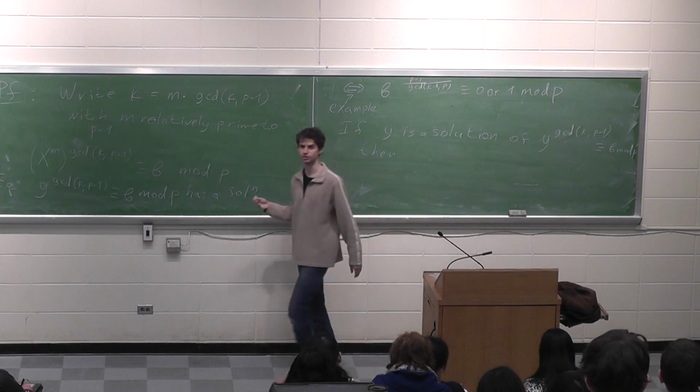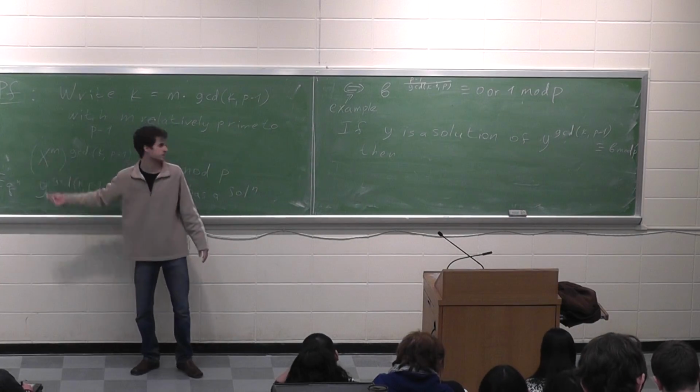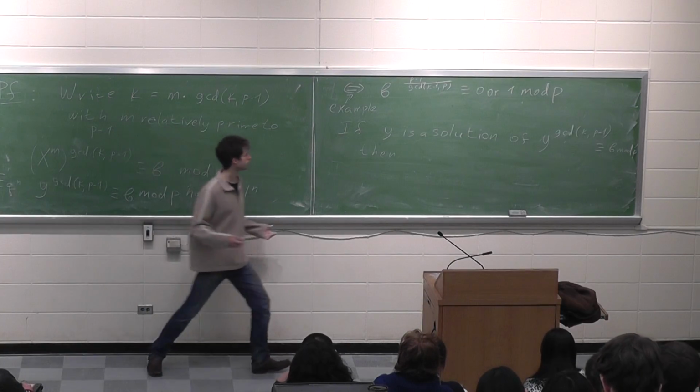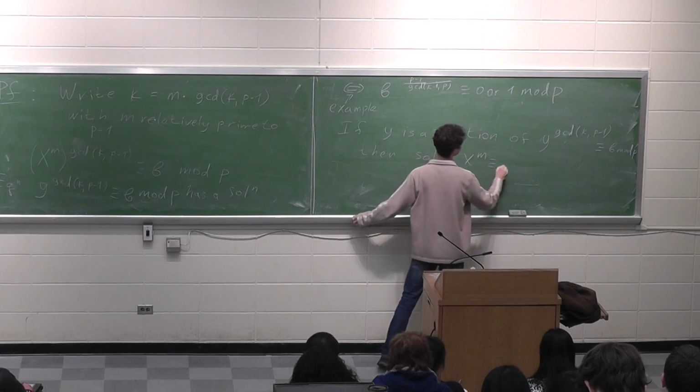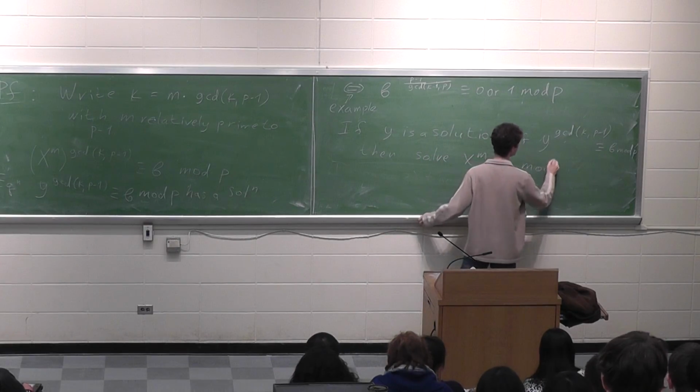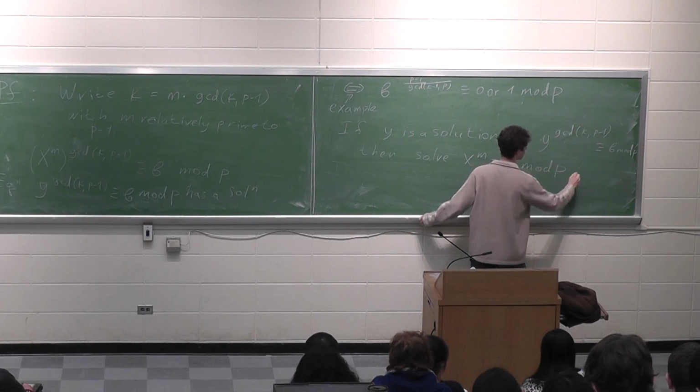I'm not interested in y, I'm interested in x. So to solve for x, we solve x to the power m is congruent to y modulo p for x.